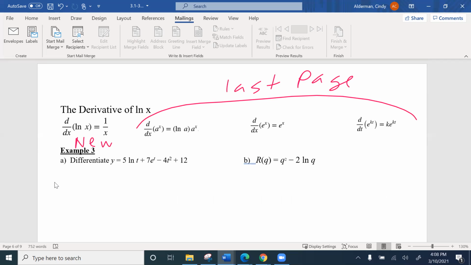Okay, so if we're trying to differentiate this, let me just do a quick example. d over dx of ln of 5. Then that's just going to be 1/5.